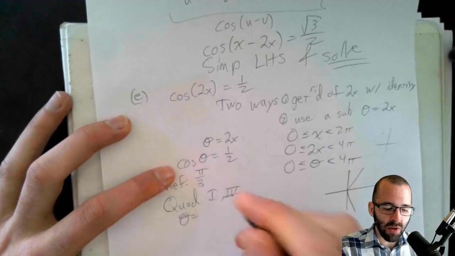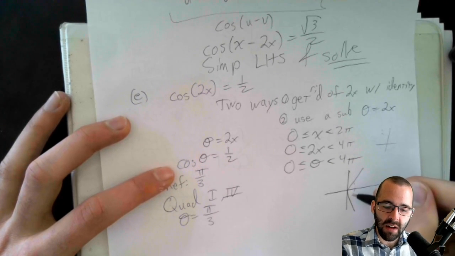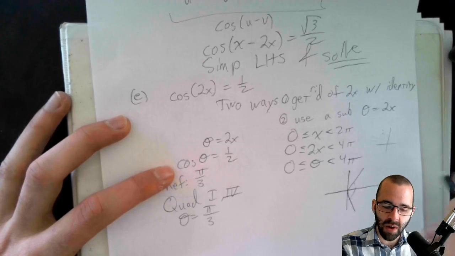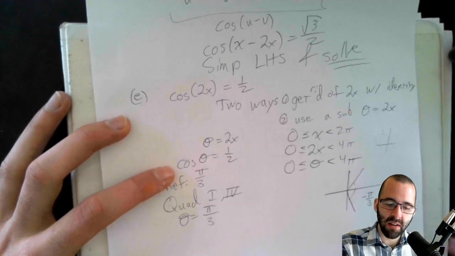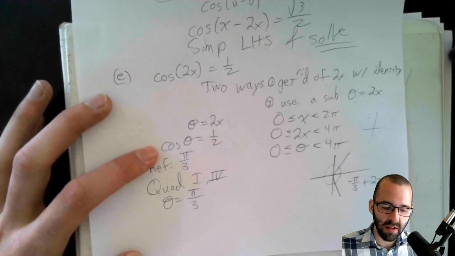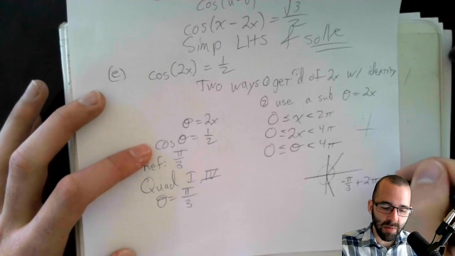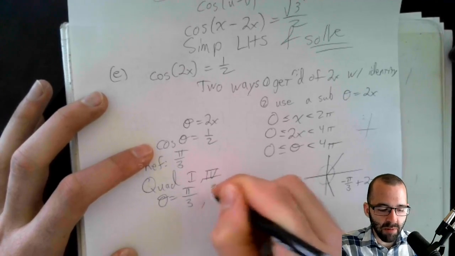So that's going to give you pi over 3 is going to be this answer in the first quadrant. Negative pi over 3 is going to be this other one. But negative pi over 3 is not in the domain. So we're going to add a 2 pi to get the positive coterminal angle for pi over 3. And when you add this, you multiply it by 3 over 3, you're going to get 6 pi over 3. The other one's going to be 5 pi over 3.